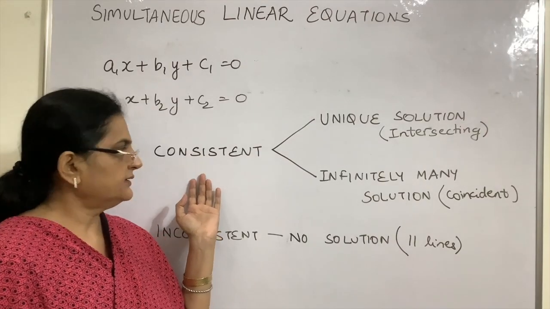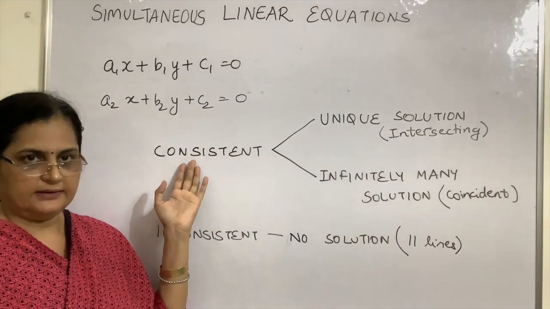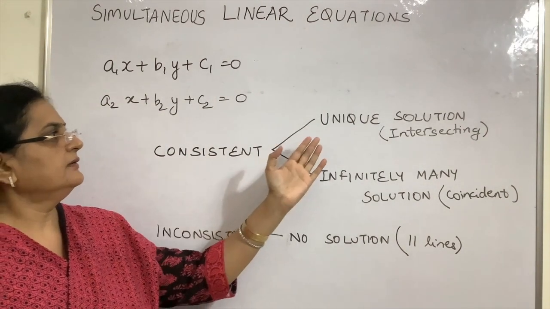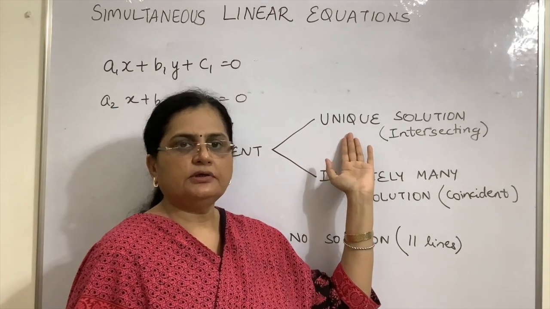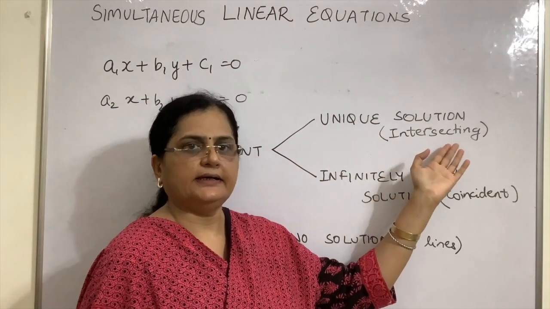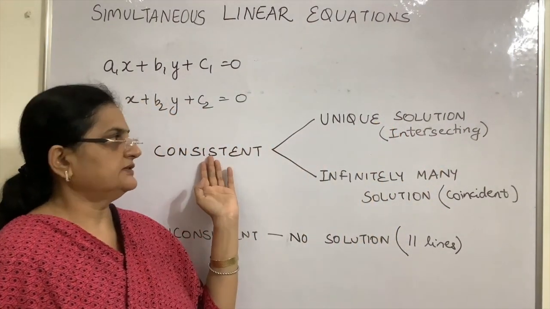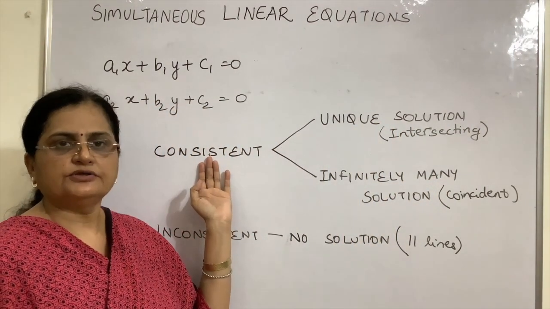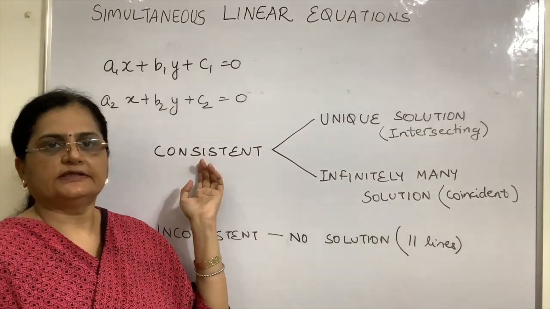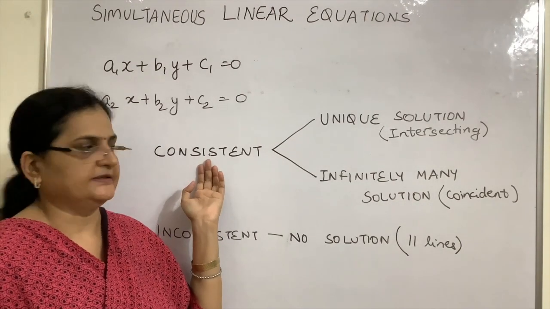This should be clearly understood that the lines are consistent when they have a unique solution. Unique solution means the lines are intersecting. If the lines are intersecting, then they are said to have a unique solution, and they are known as being consistent.